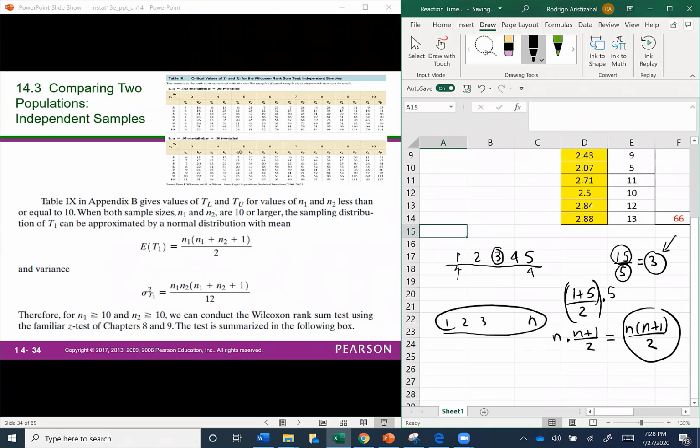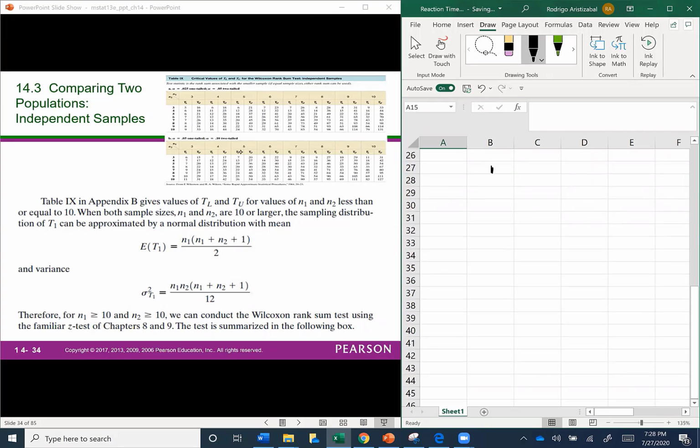If we have, as in this case, two samples, and we can order these two samples, then the first group is from 1, 2, 3 until n1, and the second sample, if we order them, must start at n1 plus 1, n1 plus 2, until n1 plus n2.